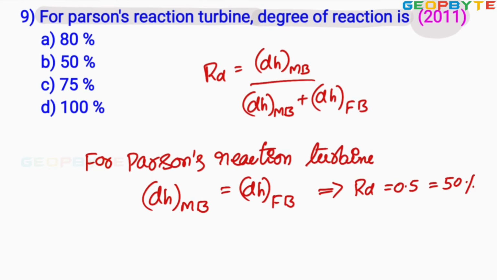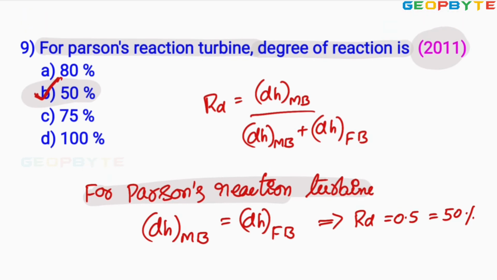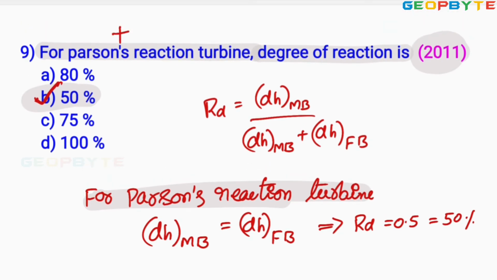Remember, the degree of reaction for Parsons reaction turbine, this is a very important point, 50%. Therefore, option B is absolutely correct. This is a very important problem. Let me mark it as a 5-star problem. A 5-star problem means the most expected problem in competitive exams.